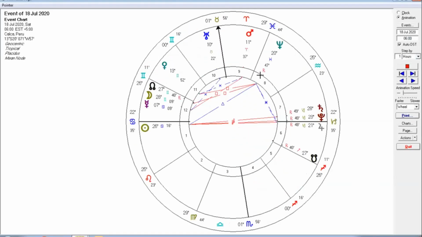So when we take this example, and this is relevant to the ascendant, in this particular chart, you see the sun here very close to the ascendant. If you want to get specific, the sun is at 26 degrees of Cancer.